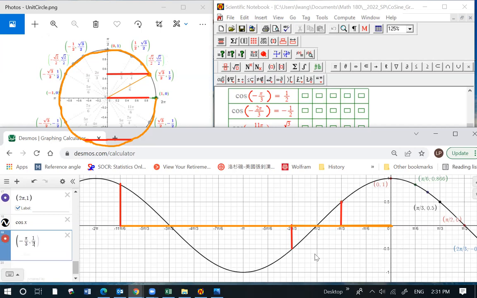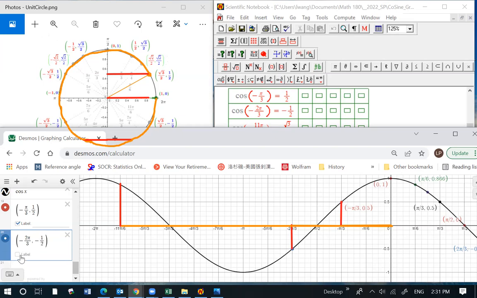If you need to pause when you're watching this piece, just go for it. So this is negative pi over 3, the output is 0.5. I prefer you write the precise number. In this case, 0.5 and half are the same, so it doesn't matter. For negative 2 pi over 3, the output is a negative half.